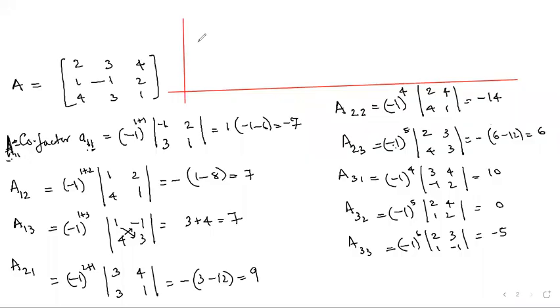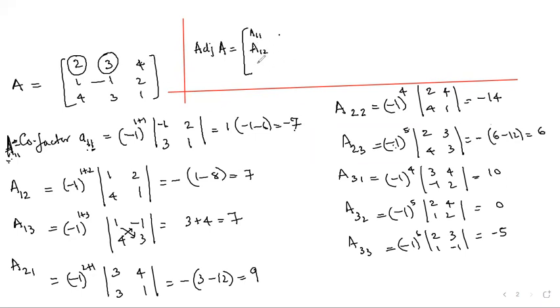Okay. Now, how to write the adjoint of matrix A? Look at this. Cofactor of this element is how much? Minus 7. Write that over here. Cofactor of this element, write it not at this point, write it over here.